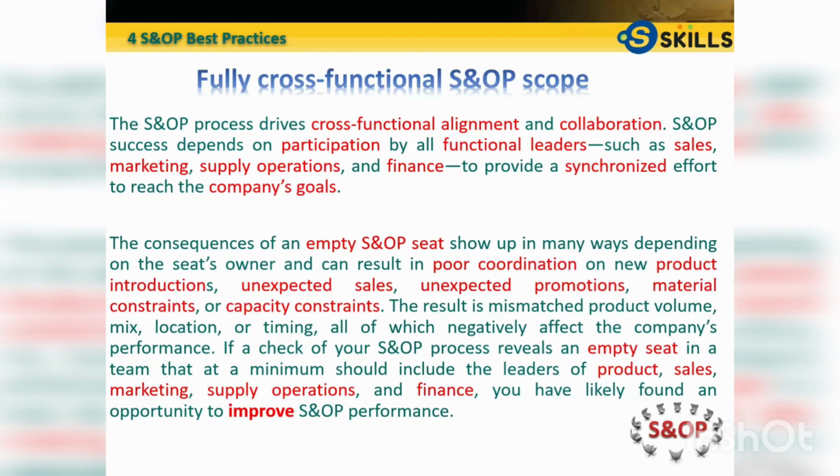The result is mismatched product volume, mix, location, or timing, all of which negatively affect the company's performance. If a check of your S&OP process reveals an empty seat in a team that at a minimum should include the leaders of product, sales, marketing, supply operations, and finance, you have likely found an opportunity to improve S&OP performance.